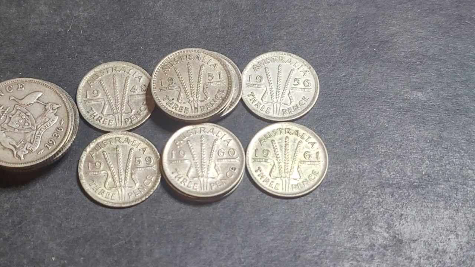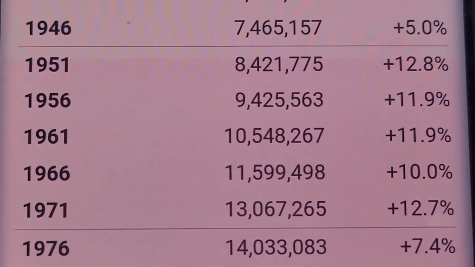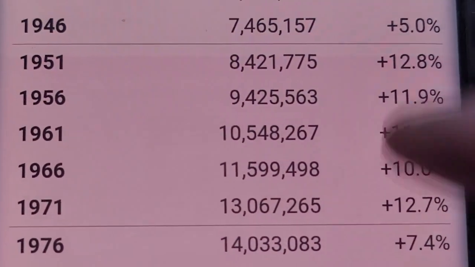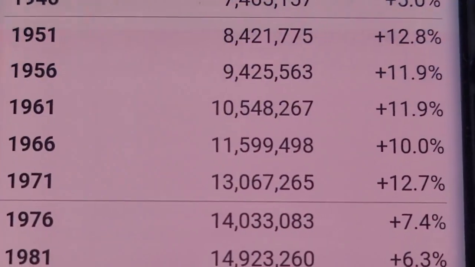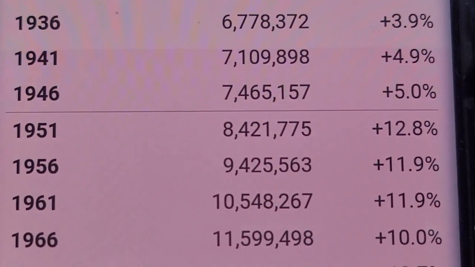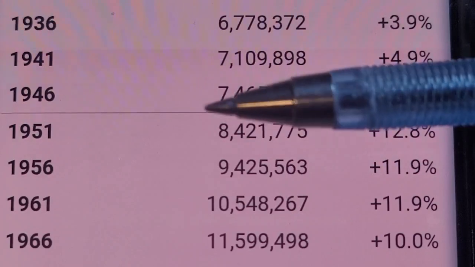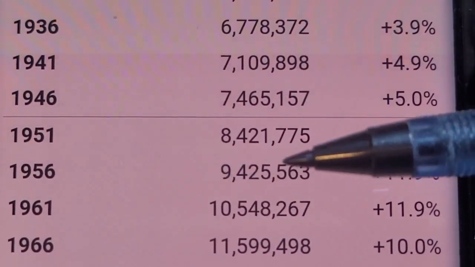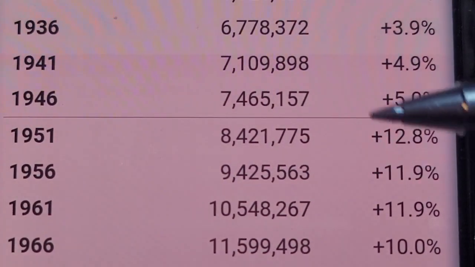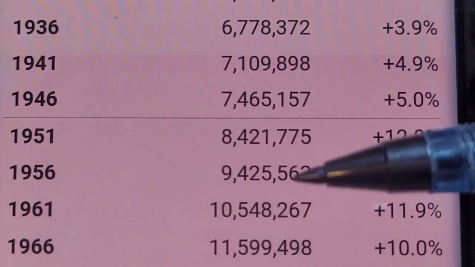Okay, so we need to look at the population of Australia at the time. If we go to Wikipedia, you've got the dates, and I like to do this because I can use my fingers instead of doing a screen capture. In 1946, Australia's population was about 7.5 million, and in 10 years, 1956, 9.5 million. So in 10 years, it increased by 2 million, which is about 30%.